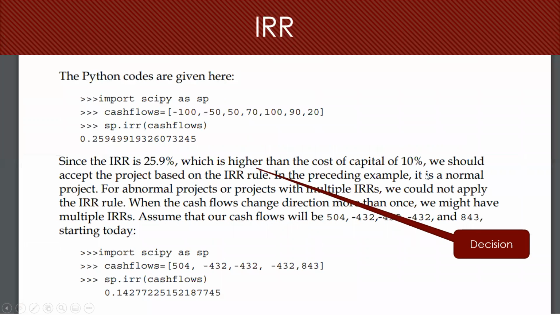Same thing in the case of Python, how will we get the IRR? Here is a simple code for that. Import scientific Python as SP, that is SCI, that is scientific functions. Then you can input the cash flows.